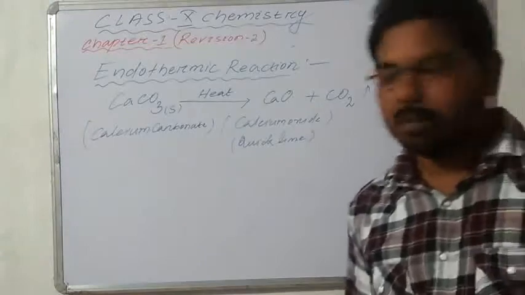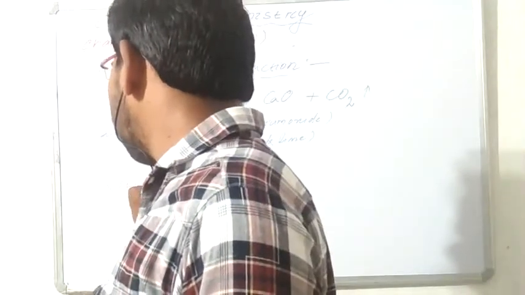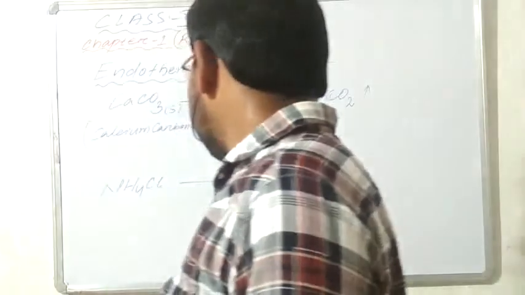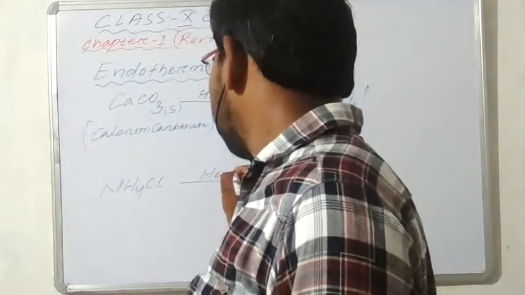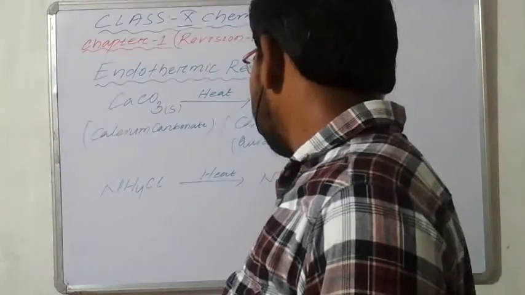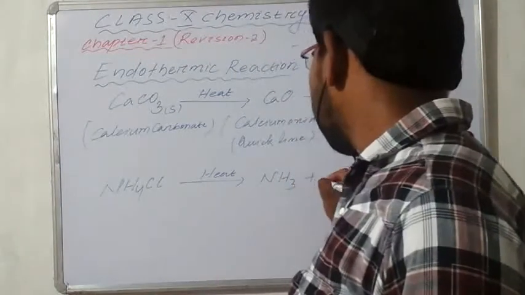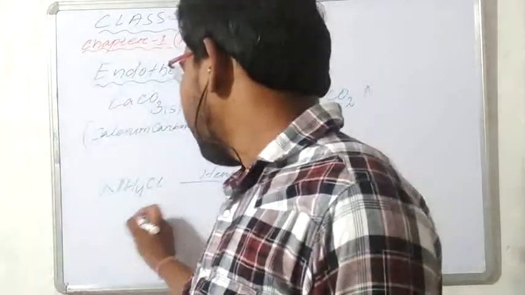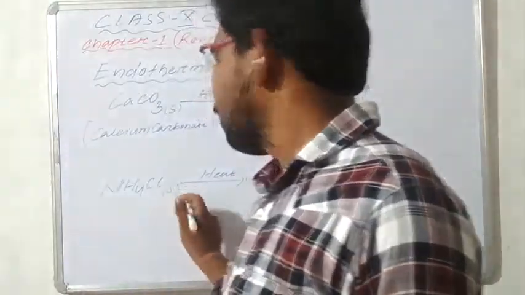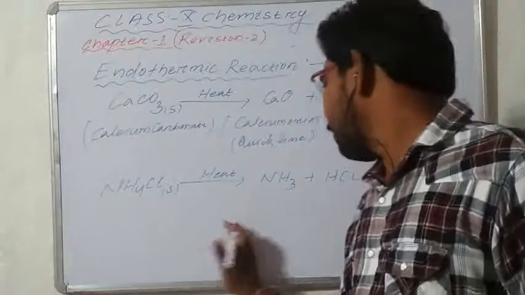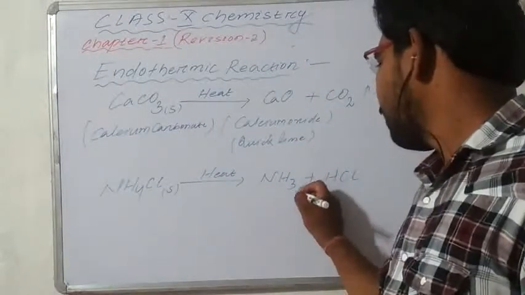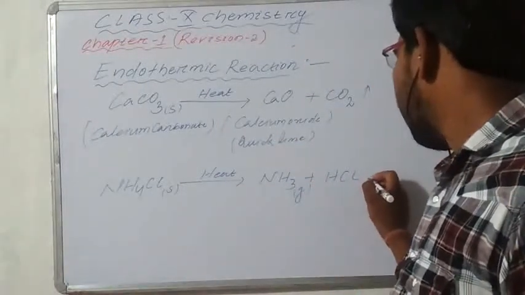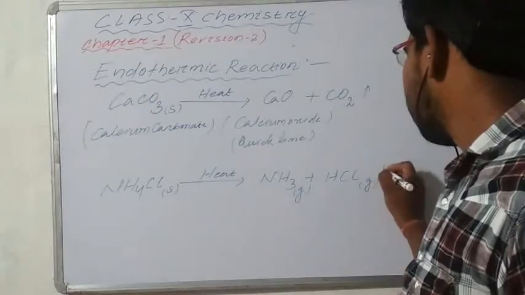Another example of endothermic reactions: NH4Cl is heated, then it changes into ammonia, that is NH3 plus HCl. The ammonium chloride is a solid; when we heat it, ammonia gas and HCl gas are released.